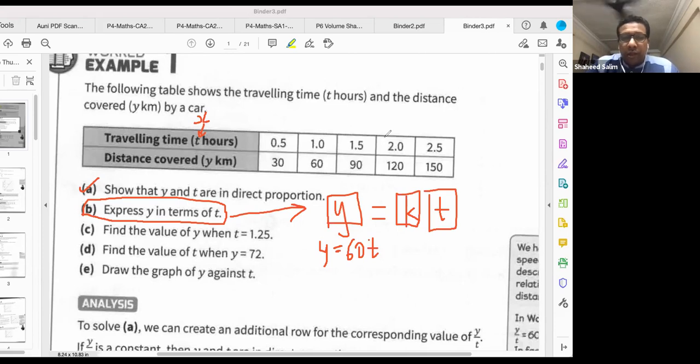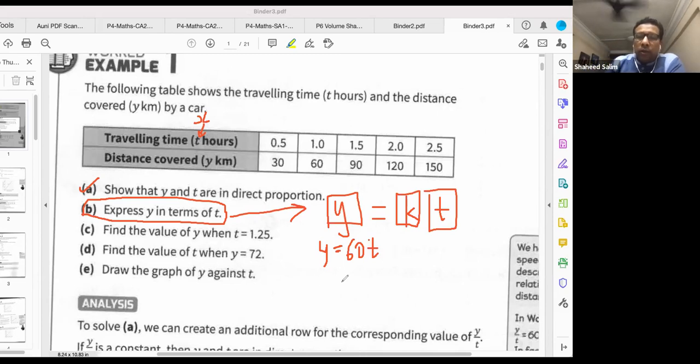We're waiting for Inshira for number 2, and Shafi for C and D. Well done, Inshira. What about Shafi?